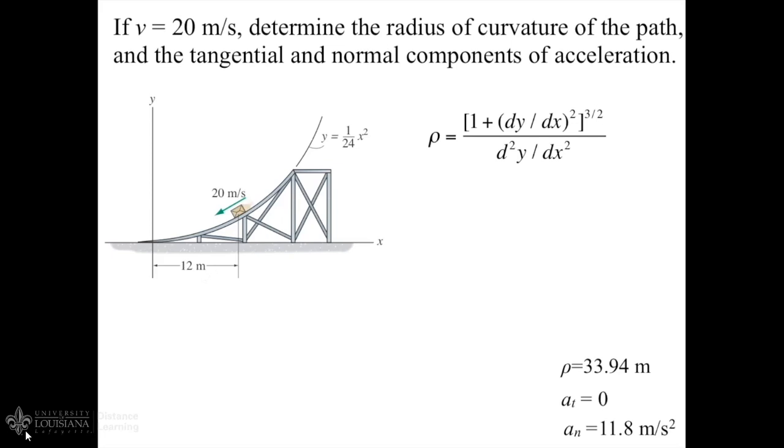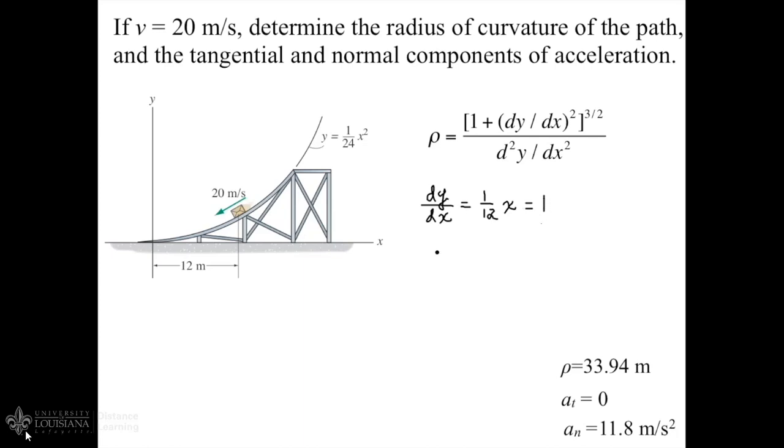Now, in order to obtain the two derivatives we need, we go to our path function and we determine, first, dy over dx. What's that equal to? Well, it's simply 1 over 12 times x. We have to evaluate this at x equaling 12, and so if we do that, we get an answer of 1.